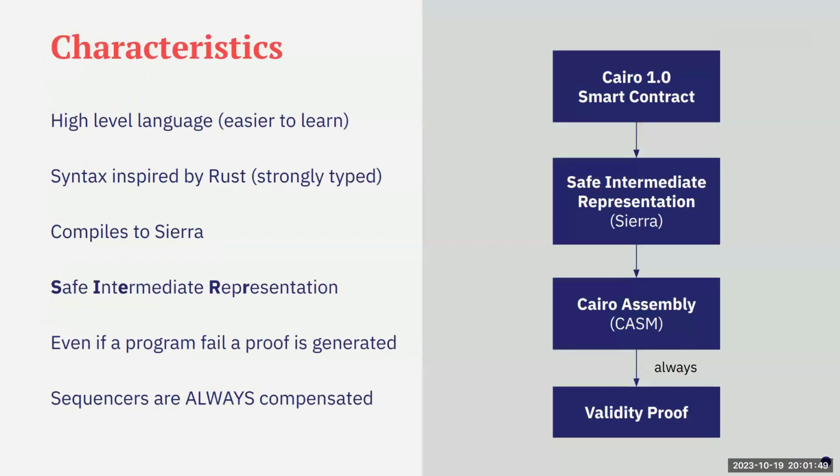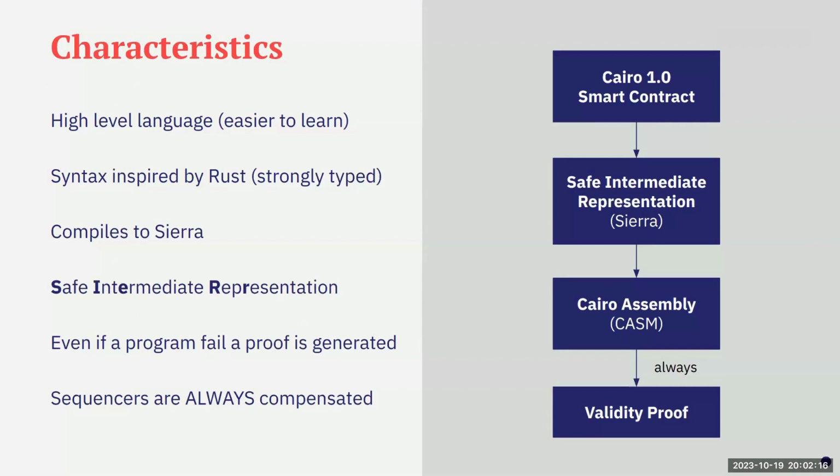So, what are the characteristics of this language? It is a high level language and is easy to learn, compared to Cairo Zero. Cairo Zero had a steep learning curve. Its syntax is Rust inspired, and it is compiled down to Sierra, which means Safe Intermediate Representation.